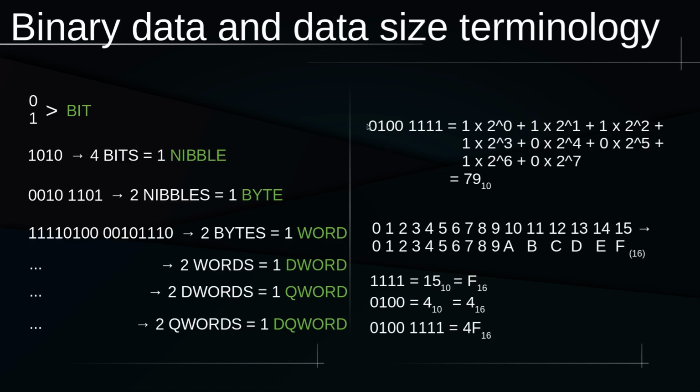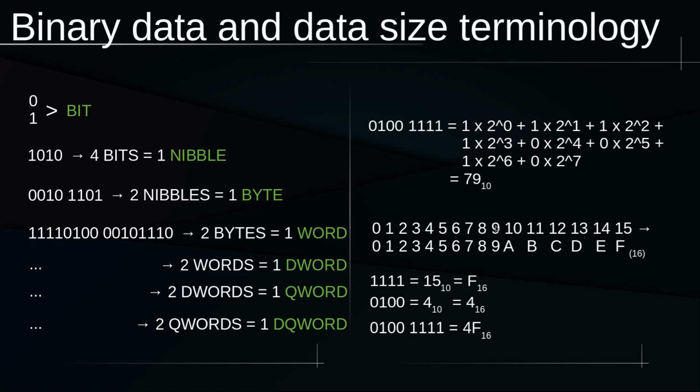So this is 1 times 2 to the power of 6 plus, and the final 0 times 2 to the power of 7. So I hope that makes sense, and if you calculate all of this, the result is 79 in base 10. So this whole thing here is the number 79.